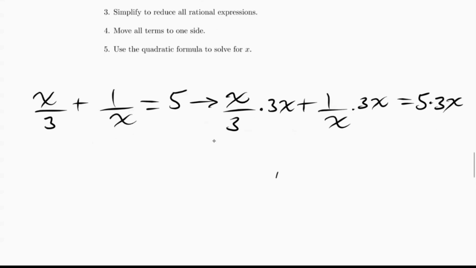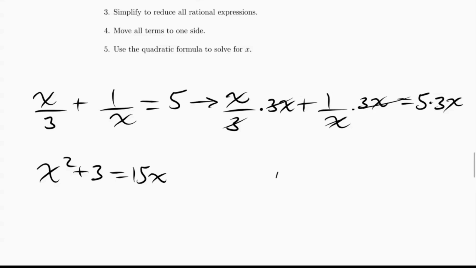We'll start with the linear term, and we'll cancel out these 3's here. So we're left with an x multiplied by an x, which gives us an x squared. Here, our x's will cancel out. So that just leaves us with a 3. And of course, on the other side, we have a 15x.